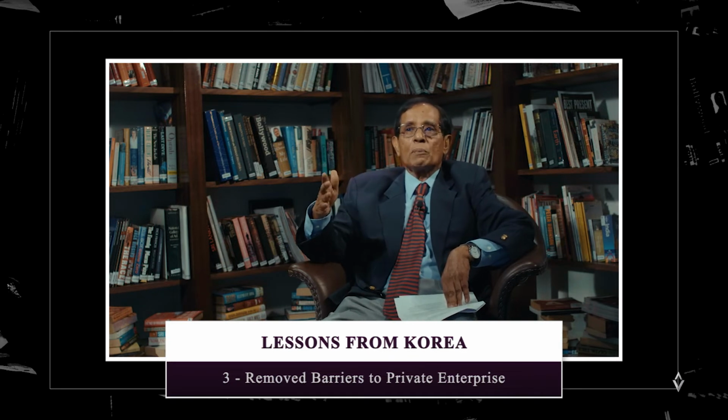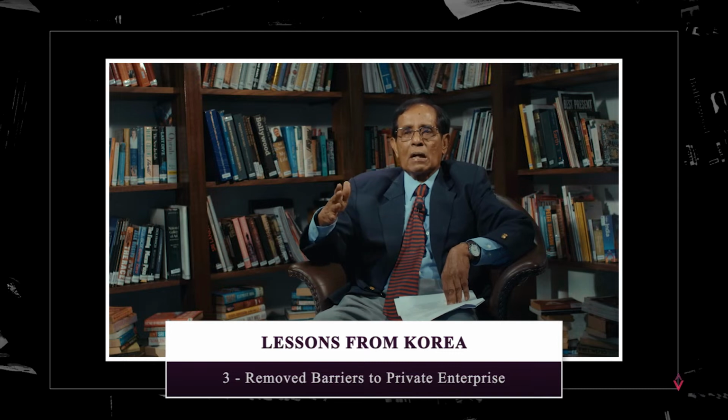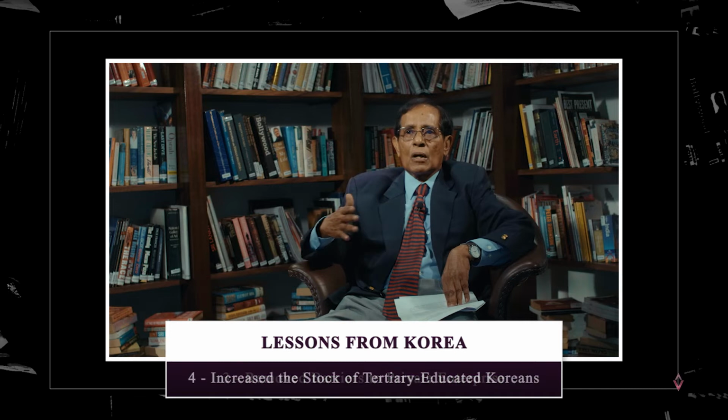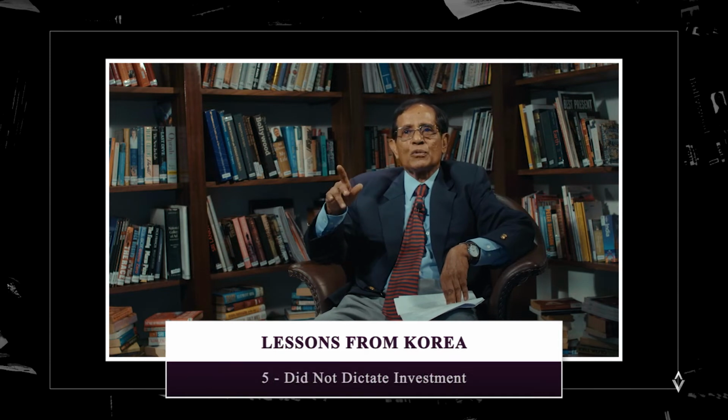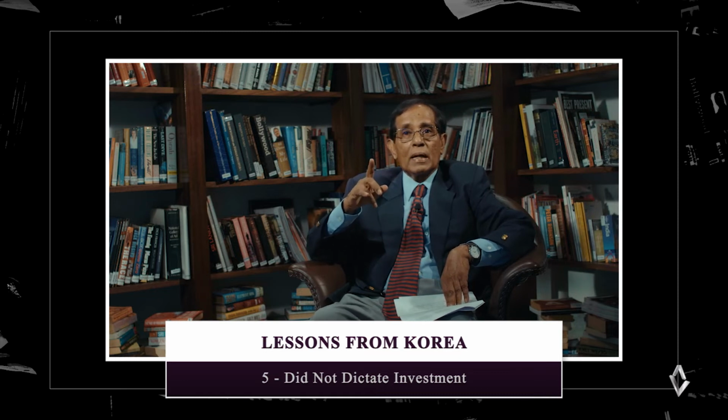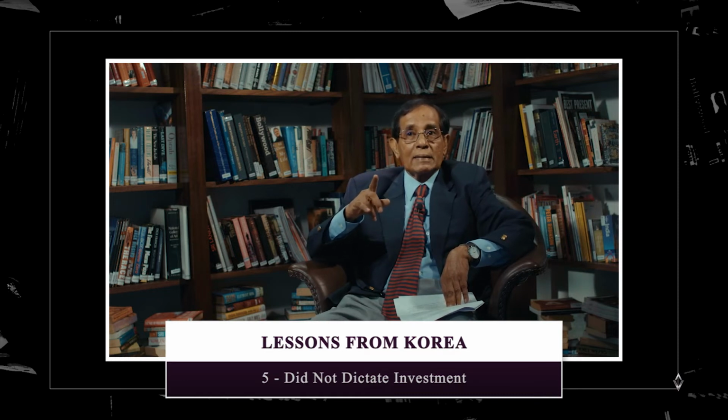They sent many people to study in the United States, for example, and Britain, and increased the stock of tertiary educated Koreans. And then they followed this policy: when some group wants to enter some industry, they encourage and help them. They did not say this is where you should invest. They allowed that choice to be made by the people who really are risking their capital.